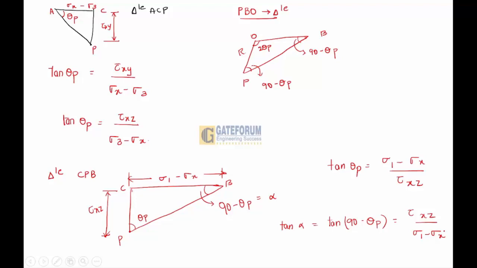Basically, angle theta P is nothing but the angle of the major principal plane from the horizontal plane. And concludingly, we can write alpha is equal to 90 minus theta P, the angle of the major principal plane from the vertical plane.